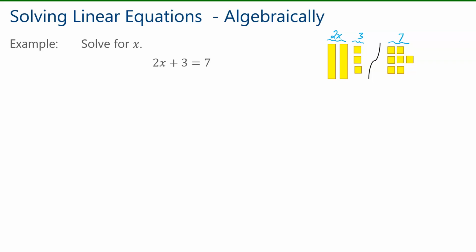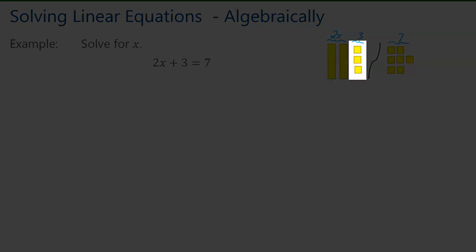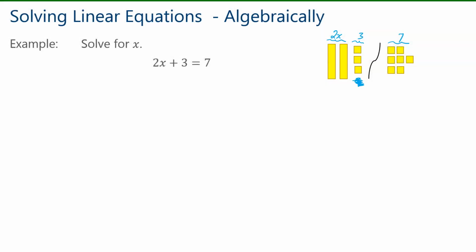When we went through the process of solving using algebra tiles, if you recall, the first thing that we had to do was get rid of the unit tiles. And in this particular case, we could remove 3 from the left-hand side, which meant that we had to remove 3 from the right-hand side.